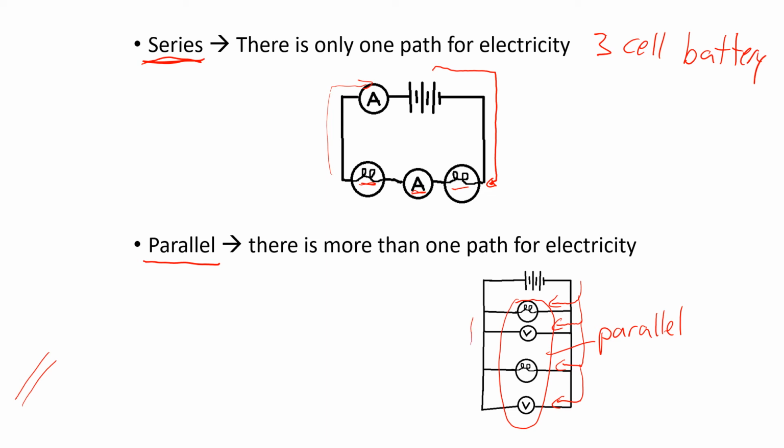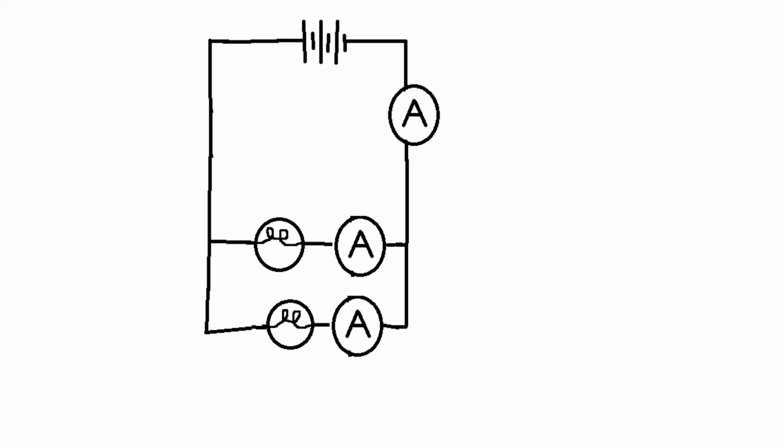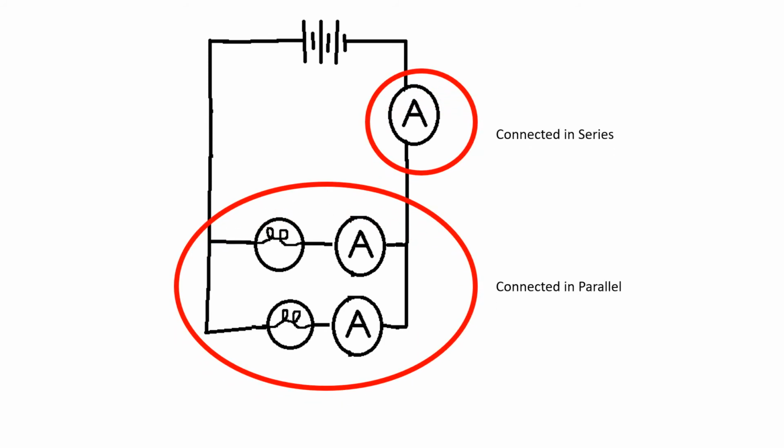When they come back to the battery, they must go through all three of these cells. Since it must go through those, there's only one way it can get through here. These three cells are connected in series. That's going to bring us to our next point: this is connected in series because the electricity must go through this ammeter.